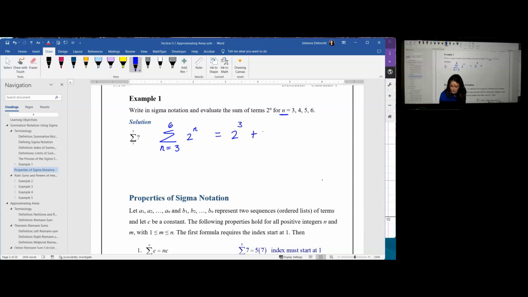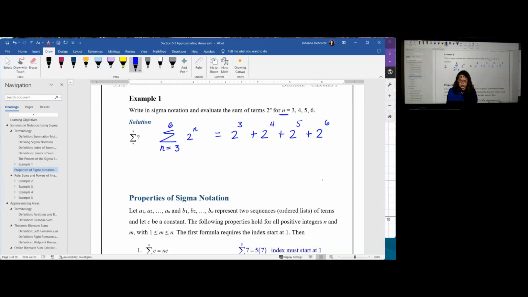We're going to substitute 4 the next time into that place and add it to what we got on the first iteration. Then we're going to substitute 5 and add that to what we got on the first and second iteration. Finally, we reach the upper limit of summation, which we do substitute in, and we'll evaluate all of these and add them together.